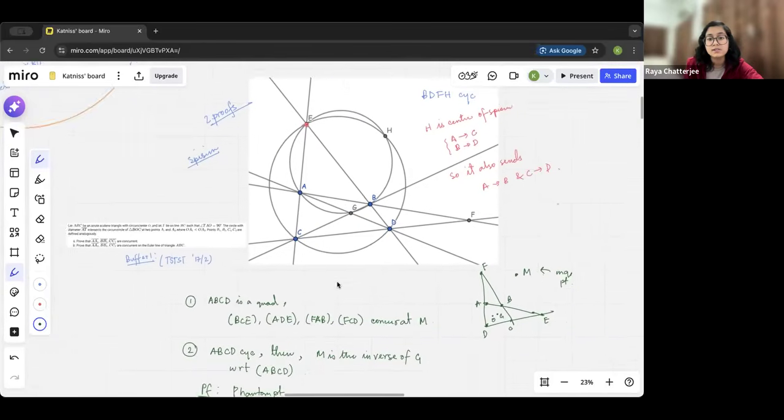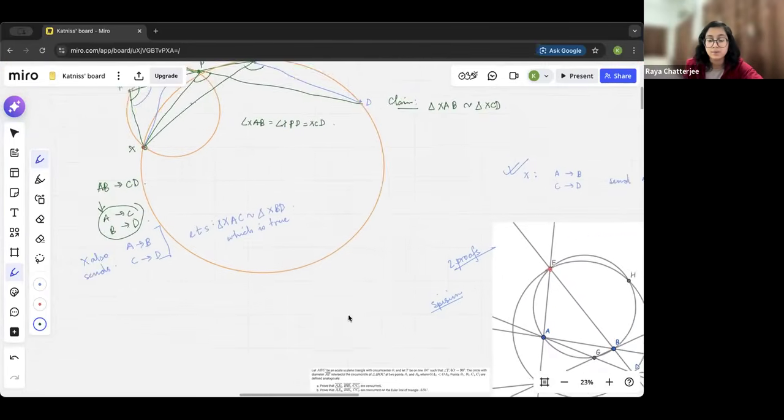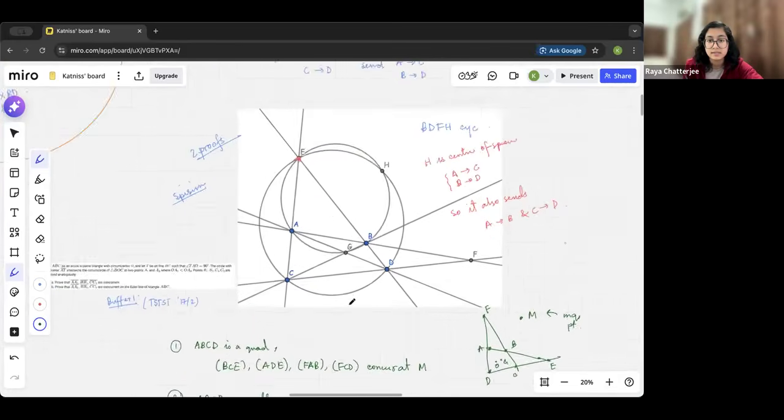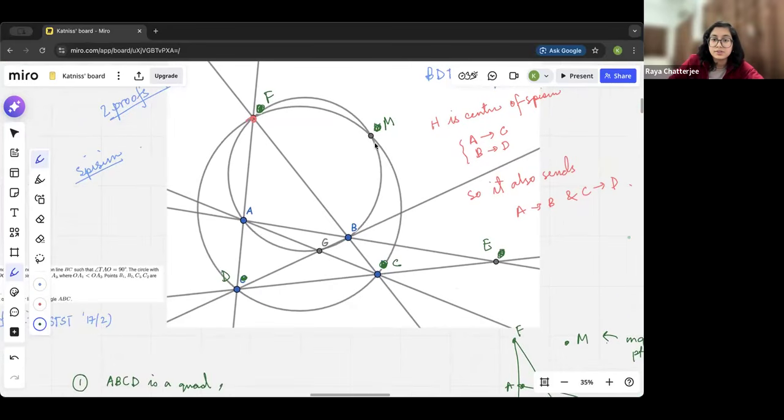And now I'll just go over how Miquel points are related to spiral similarity. So let's just take this diagram and let's rename the points. This is M and this is F. So these are also cyclic, right?